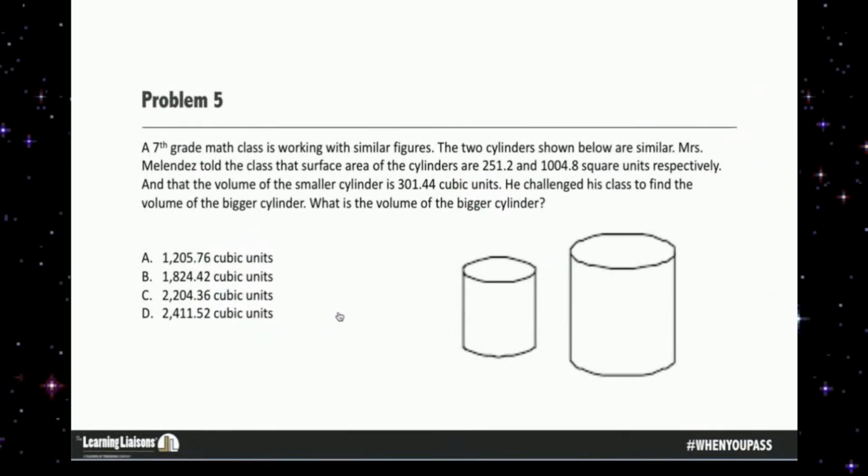Ooh, this is small. A 7th grade math class is working with similar figures. The 2 cylinders shown below are similar.